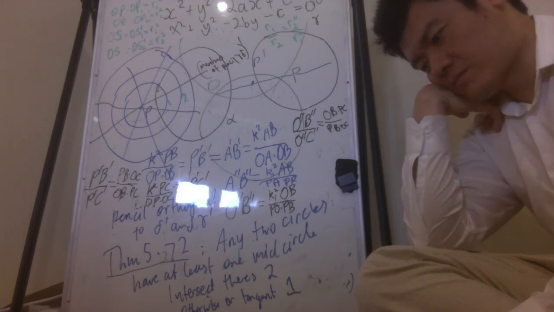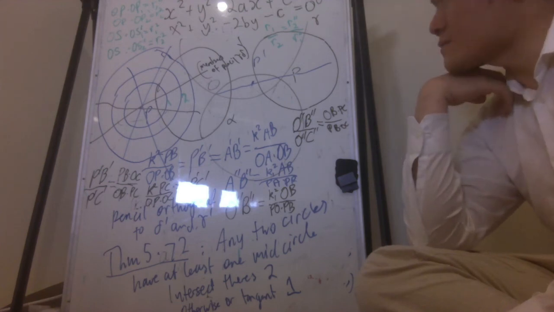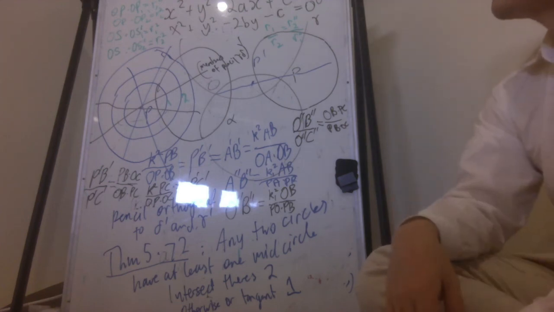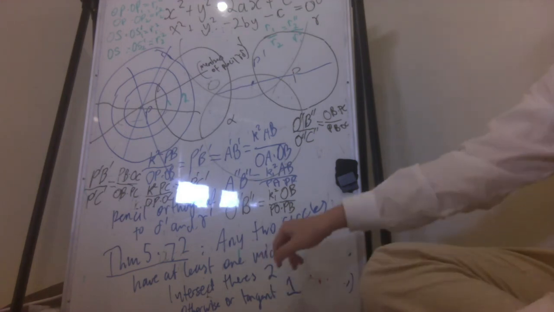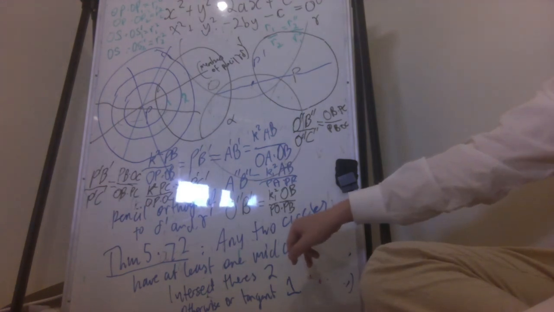Possibly. Two non-intersecting or tangent circles are just one. Yeah, this is a little bit unclear. This was the statement we needed last time with the mid circles.